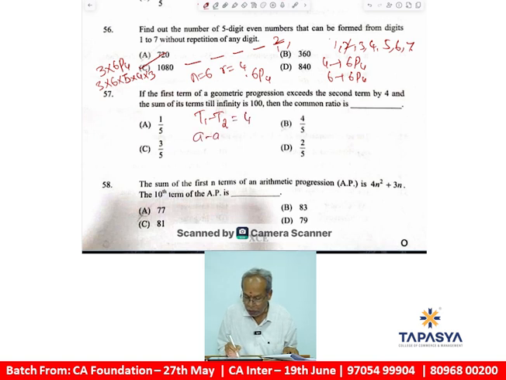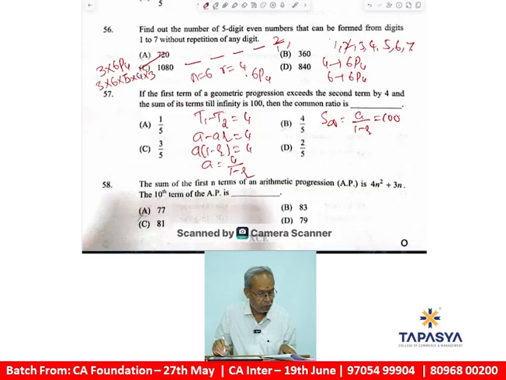A minus AR is equal to 4. Taking A common, A into 1 minus R equals 4, so A equals 4 by 1 minus R. The sum to infinity, A by 1 minus R, is equal to 100. Substituting the value, you will get 4 by 1 minus R whole square, and simplifying you will get R equal to 4 by 5. So the answer is B.